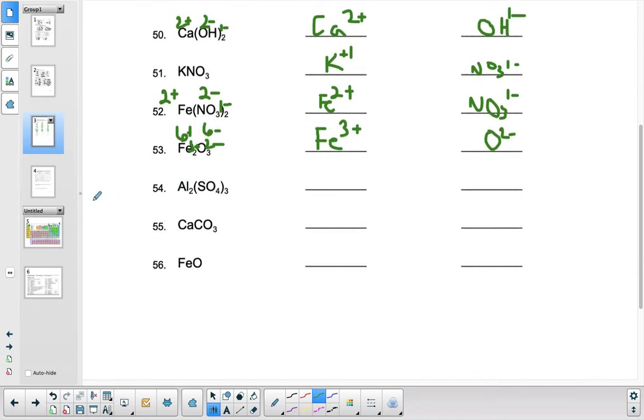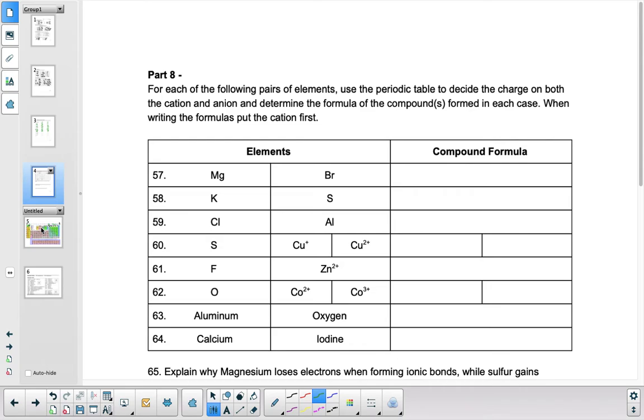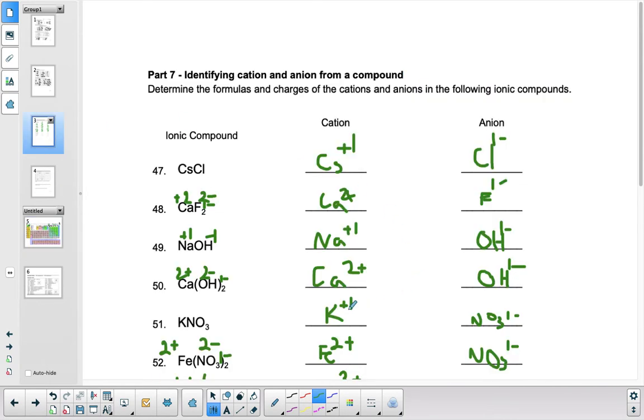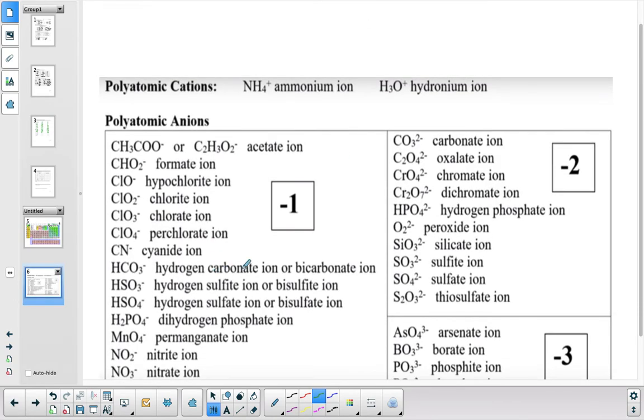We're going to do something similar here. So if we look at aluminum, it has a +3 charge. And SO4, if we look here, SO4 has -2.